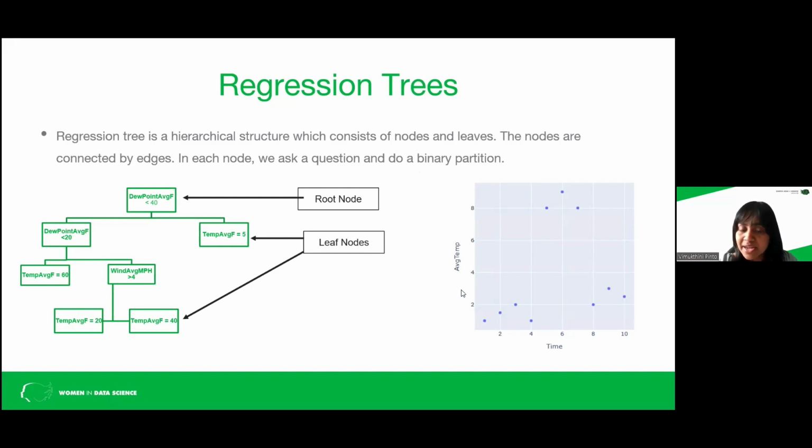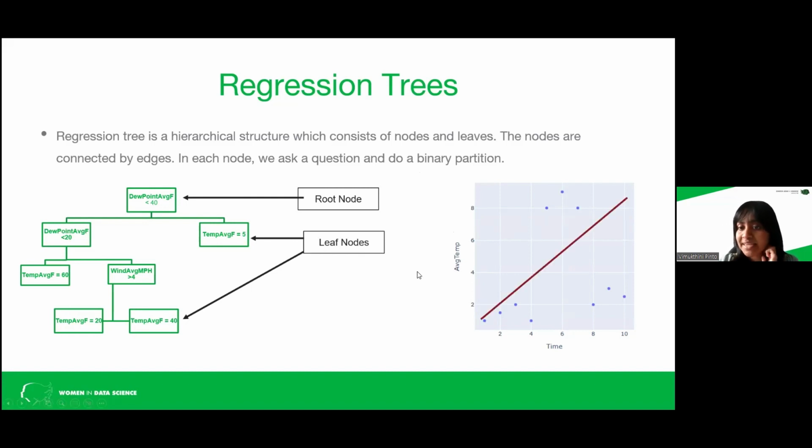Okay, now previously we wanted to fit a straight line to the data, but straight lines don't really work in all scenarios. So take a look at this data here. We have the time and the temperature. What if we fit this?